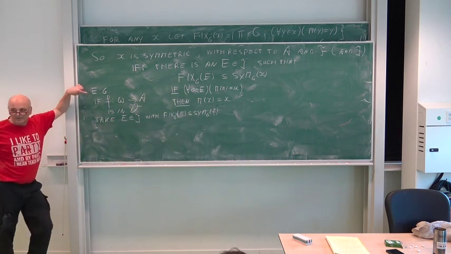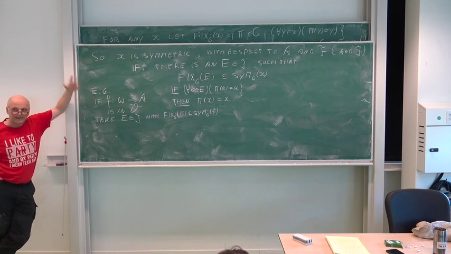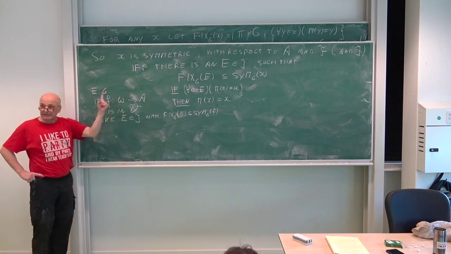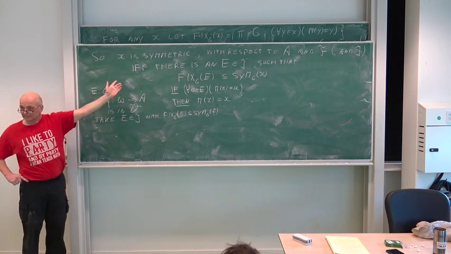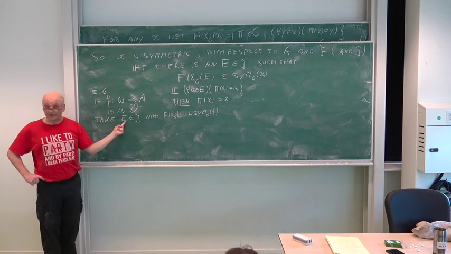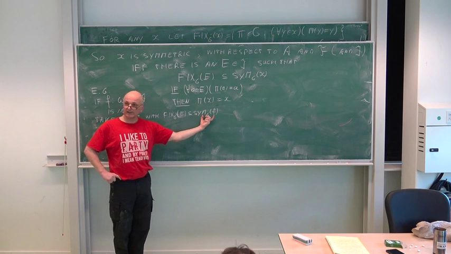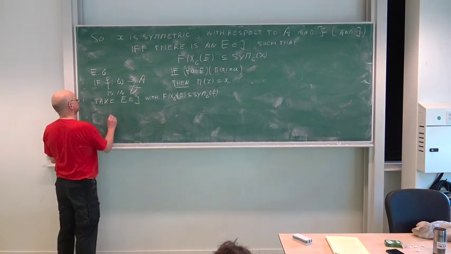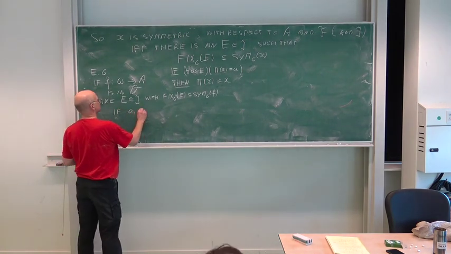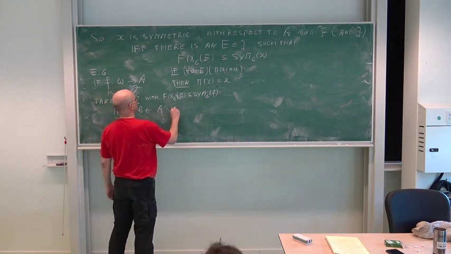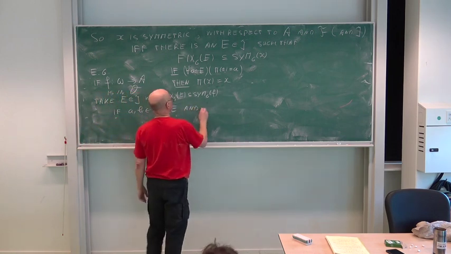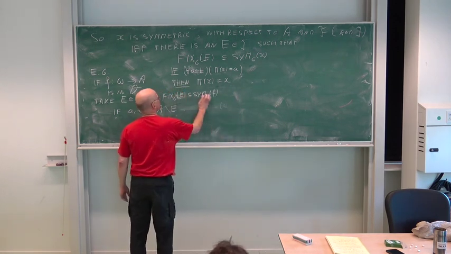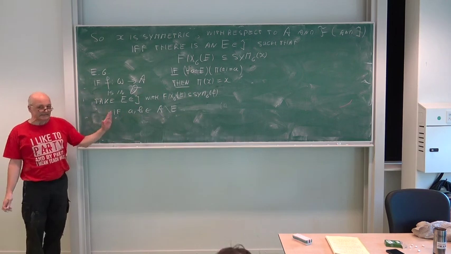Suppose, just by way of an example, you have a function from omega, say, to A. And it happens to be hereditarily symmetric and everything. Well, then we know that there must be a member of the ideal whose fixing subgroup is inside the symmetry group of F. What does this mean?